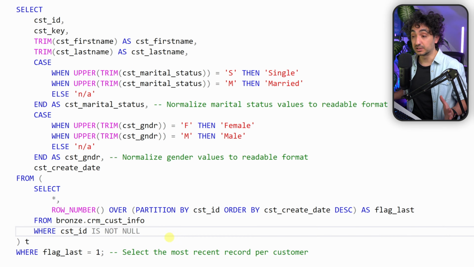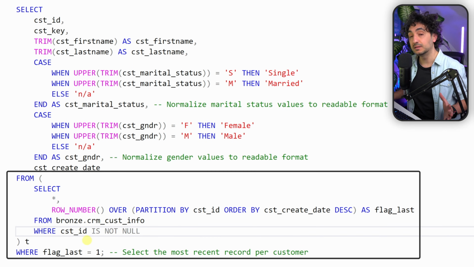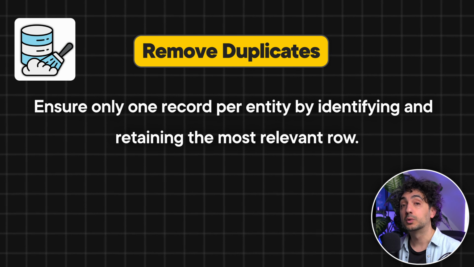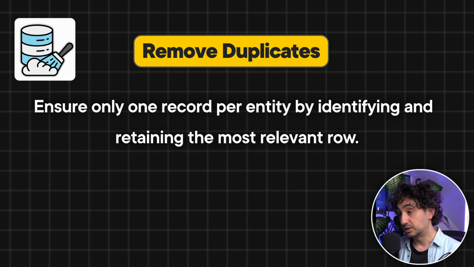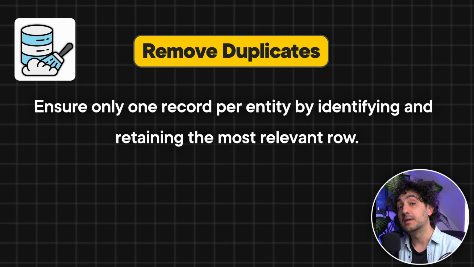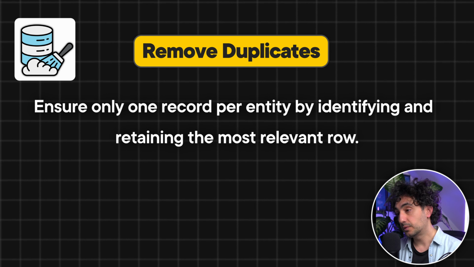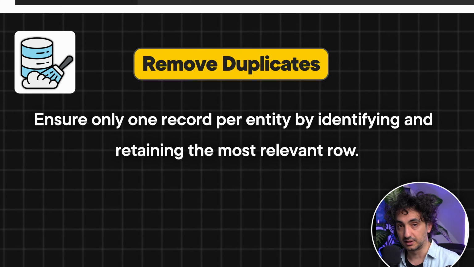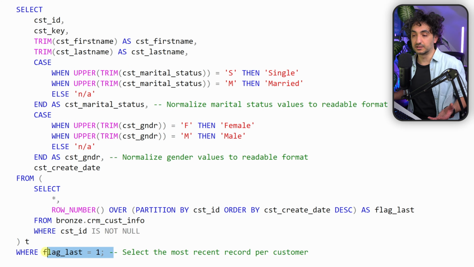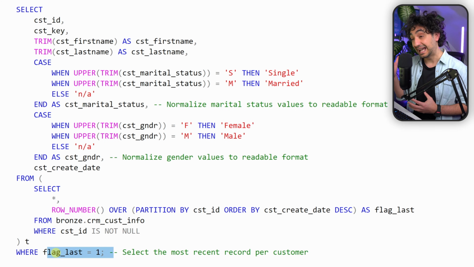Another type of data transformation that we have done in this script is we have removed the duplicates. So removing duplicates is as well a type of data cleansing where we ensure only one record for each primary key by identifying and retaining only the most relevant row to ensure there is no duplicates inside our data. And as we are removing the duplicates, of course, we are doing data filtering. So those are the different types of data transformations that we have done in this script.